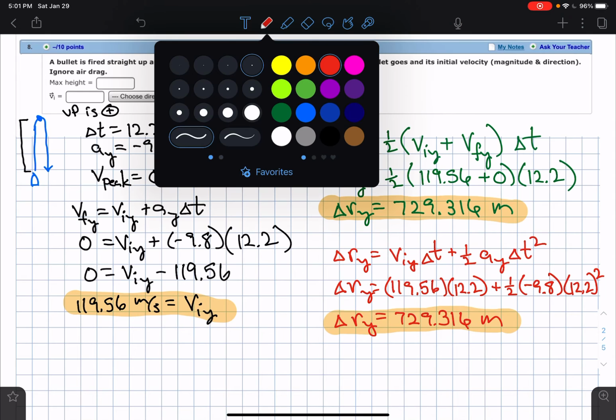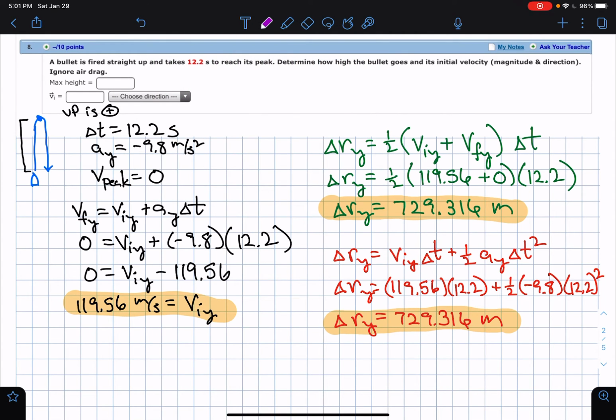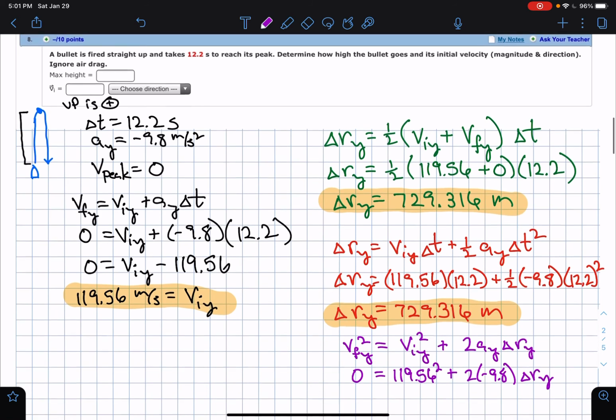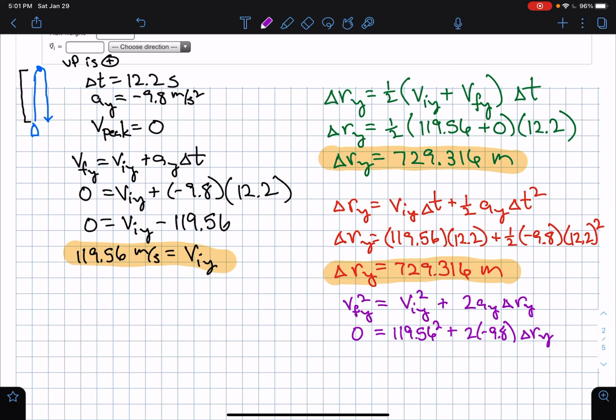And just to take it all the way, we'll do the last formula we could have chosen, which is v final y squared equals v initial y squared plus 2ay delta ry. v final y squared is 0. v initial y squared is 119.56 squared, plus 2 times negative 9.8 times delta ry. This times this is negative 19.6.